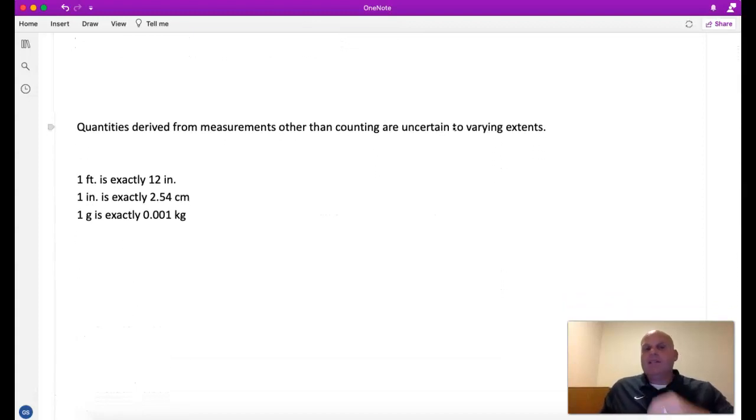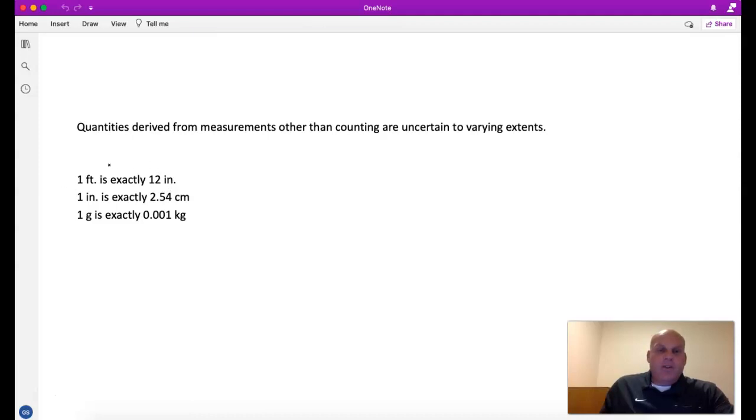So in general, quantities derived from measurements other than counting are uncertain to varying extents. Counting values are the only really exact numbers, along with known values like these conversion factors. 1 foot is exactly 12 inches.